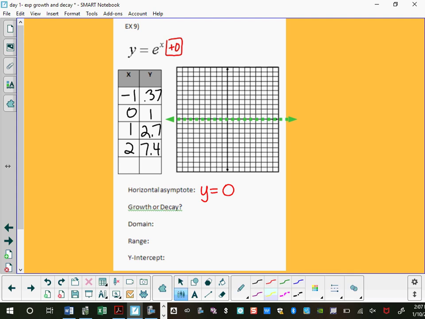Now we can graph it. Some of these are going to be so small, so just try your best and estimate. Then we can connect our dots, getting really close to the asymptote. We can draw our graph.